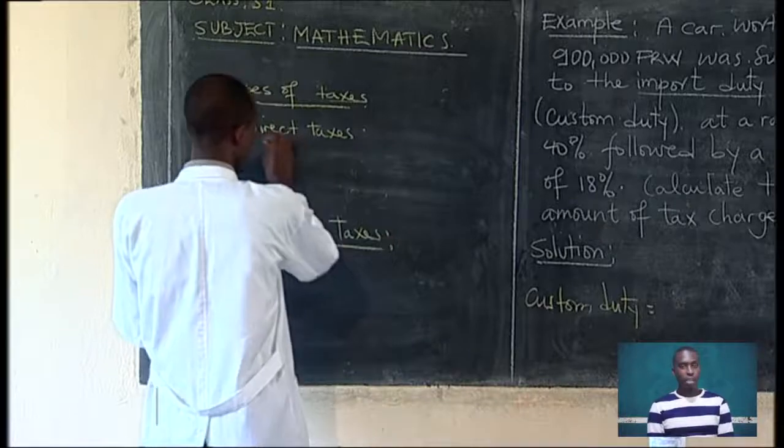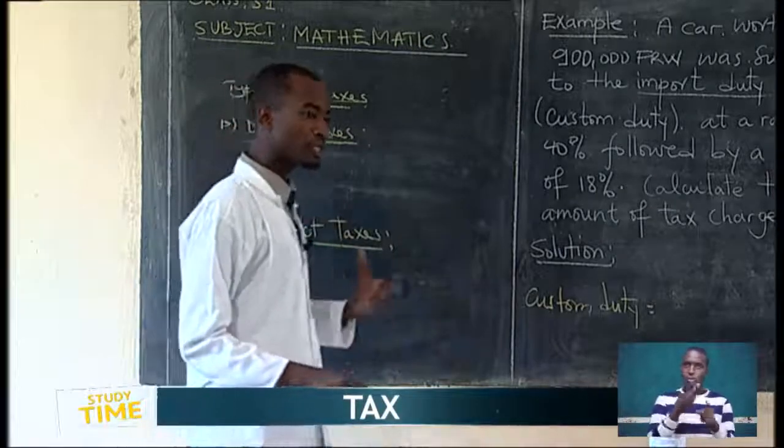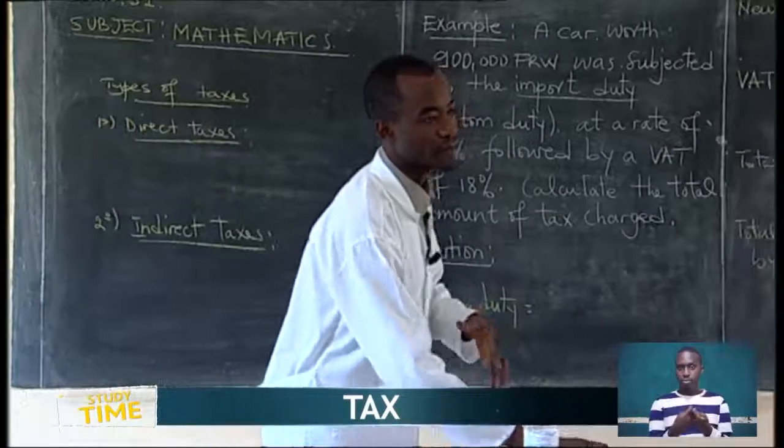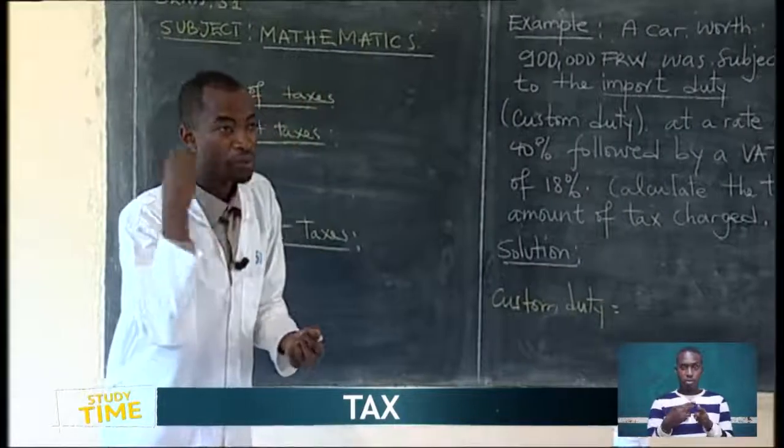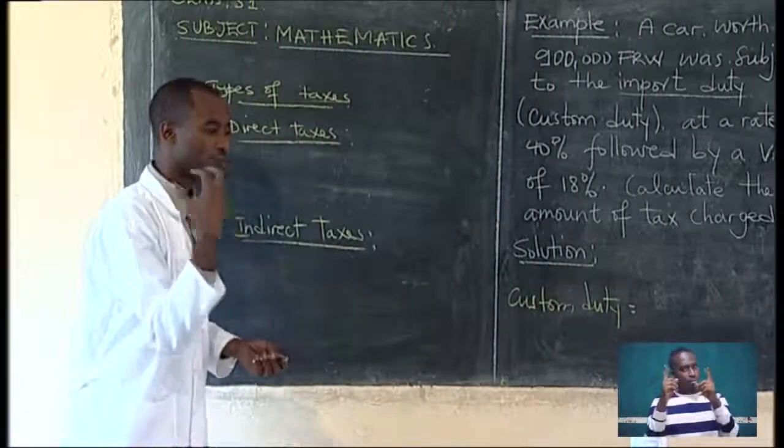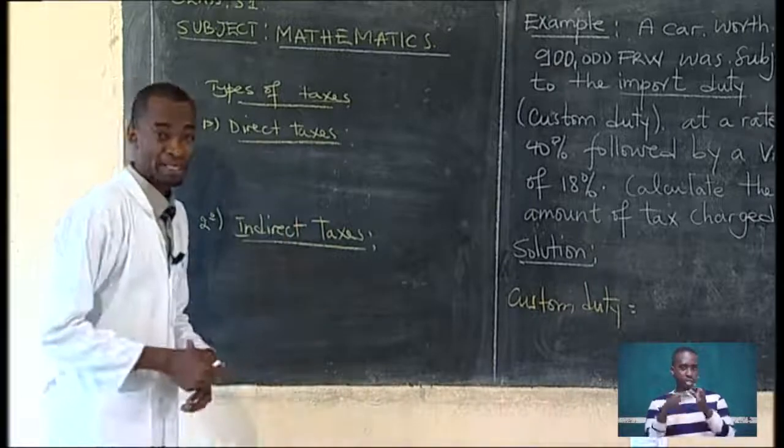And of course, as you can see from the 2 different terms, the way they are named can bring you the picture of the meaning of what we call direct tax.